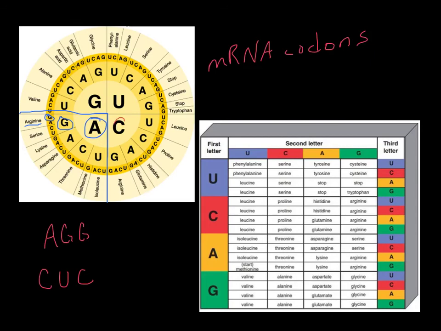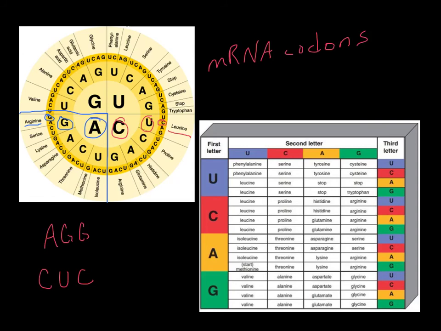So you'd start C, go out to the U, and C. This particular one is called leucine. And as you see by this wheel, there are multiple codons that will give you the same amino acid. In other words, to get leucine, there are different possibilities.